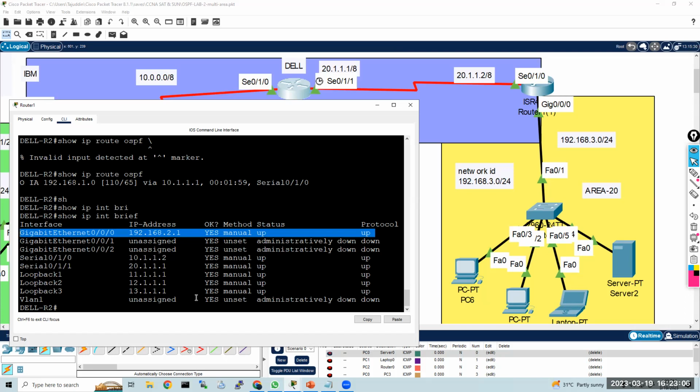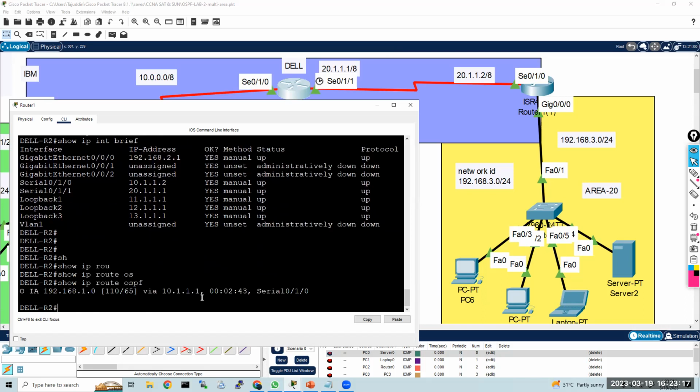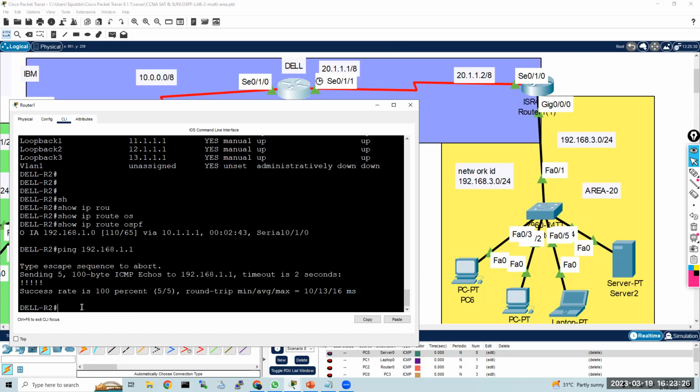So what is the mistake? Show IP route OSPF. He has learned one network. He can ping to the 1 network, no problem, 192.168.1.1. But I cannot ping to 3.1.